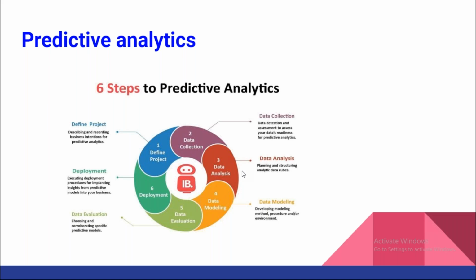Then comes the part of data modeling. We try to develop some sort of algorithm which will be able to make predictions. Given some input, it is able to give me some output, which will be predictions: whether this product will work or not work, and what kind of demand this product will have in the future or not.